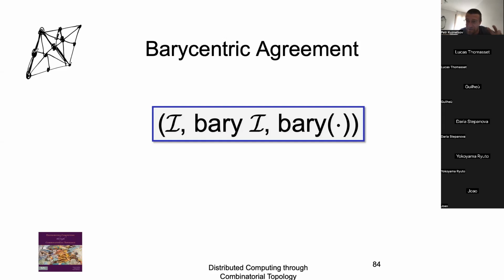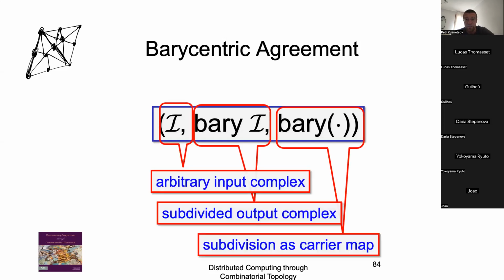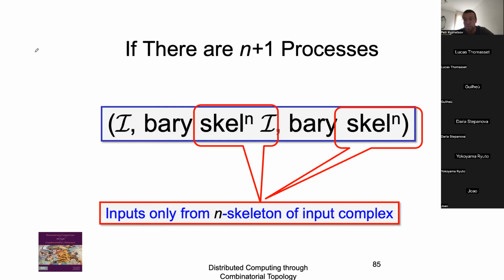You offer this set of views, you get a barycentric subdivision of this set of views, as a set of all possible outcomes. But in any particular execution, you converge to one of the simplices in this subdivision, which is equivalent to solving the barycentric agreement task on this simplex. Good. So you have a subdivision as a carrier map. Any subdivision can be seen as a carrier map.